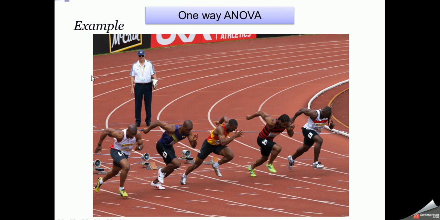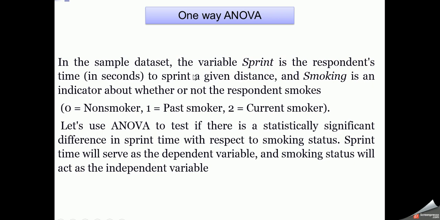Let's take an example about the sprint. In the samples dataset, the variable sprint is the respondent's time in seconds to sprint a given distance, and smoking is an indicator about whether or not the respondent smokes. So we have 3 categories: non-smokers, past smokers, and current smokers.